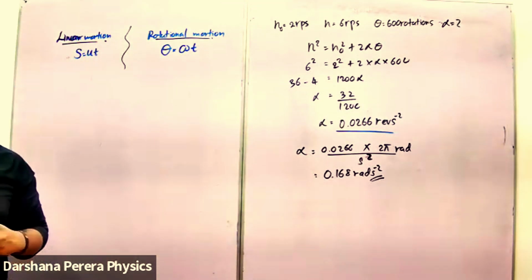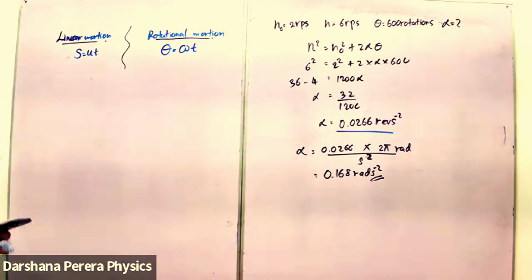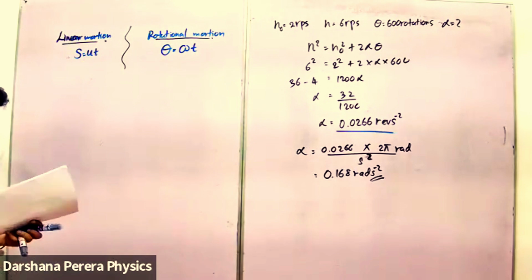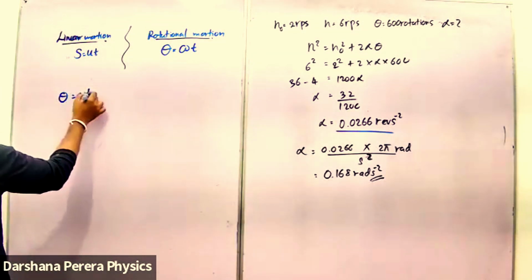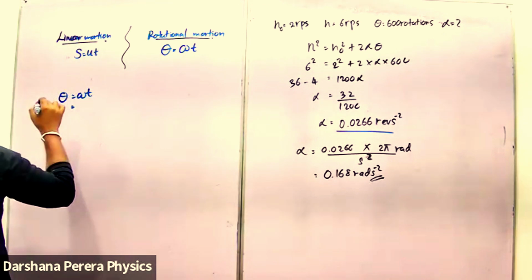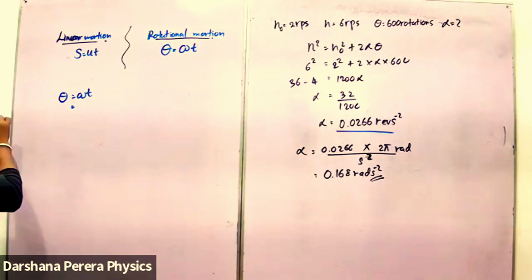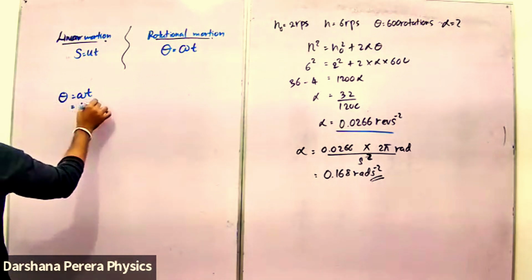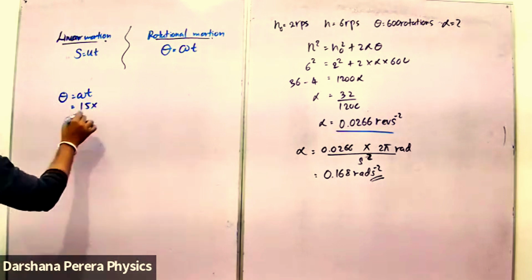Here, let me. Right. What do you have? Theta equals omega t. What is the angular velocity? 15 into t, what is the time? 6 seconds.